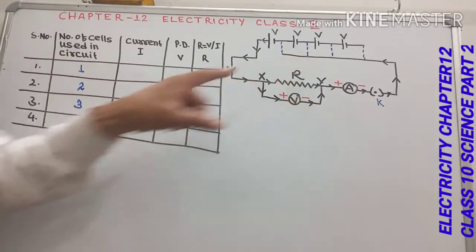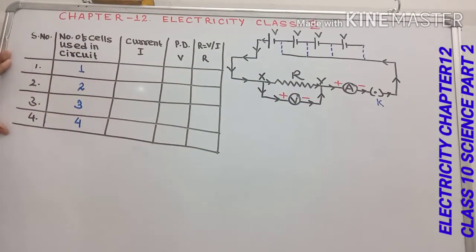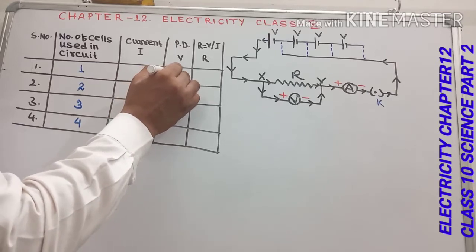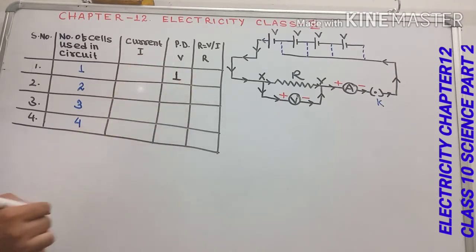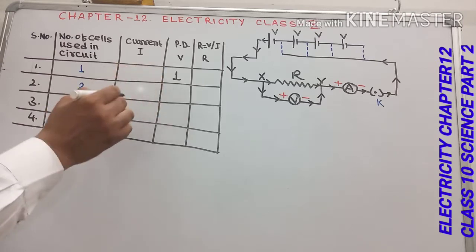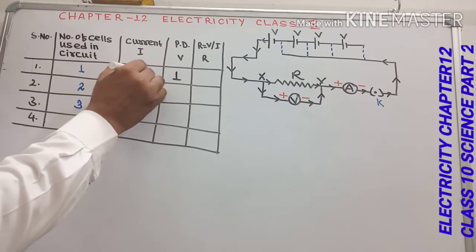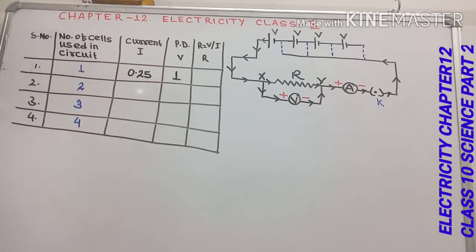Then suppose this is the table, and we can find out here the value of resistance. Now suppose when we are placing only one cell, then we can see, suppose here it is 1 volt of potential difference, and a current of 0.25 ampere is flowing through this.